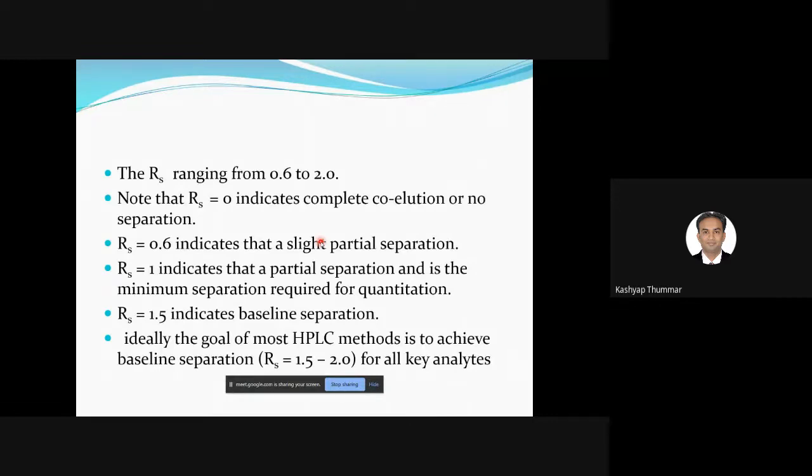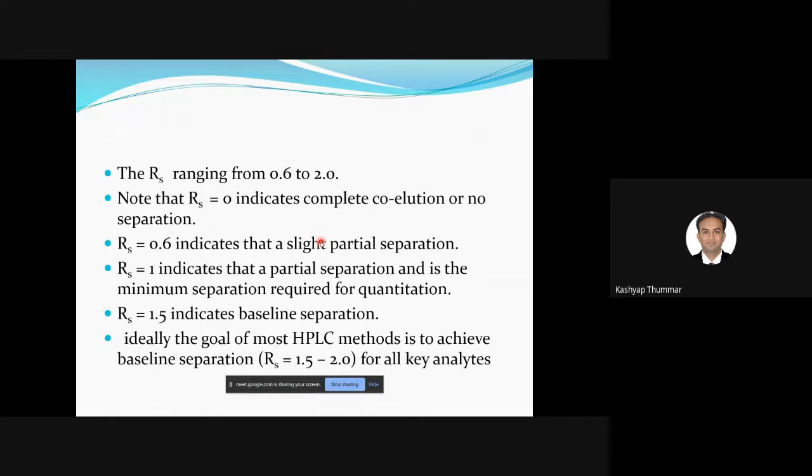Resolution of 1 indicates partial separation and is the minimum separation required for quantitation. So unless you get a resolution of 1, you cannot go for quantitation. You cannot go for any quantitative analysis with that chromatogram. So resolution should be at least 1.